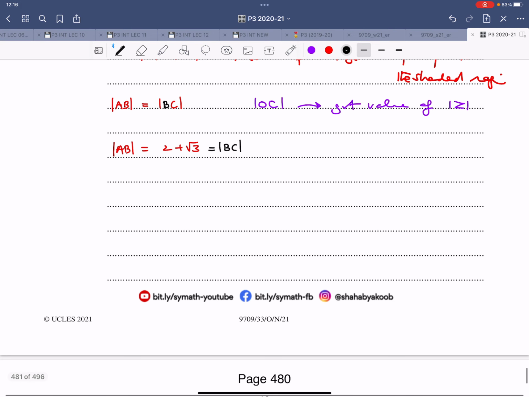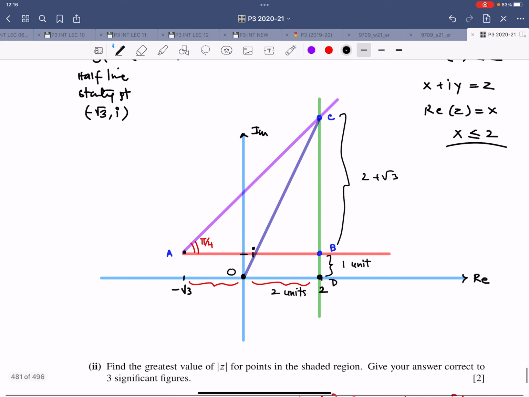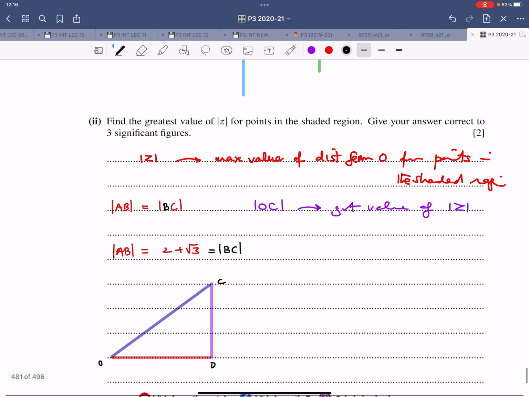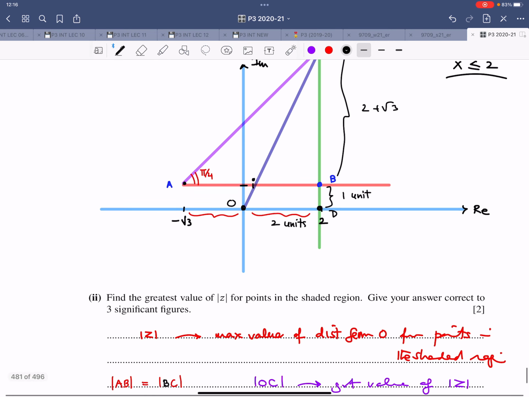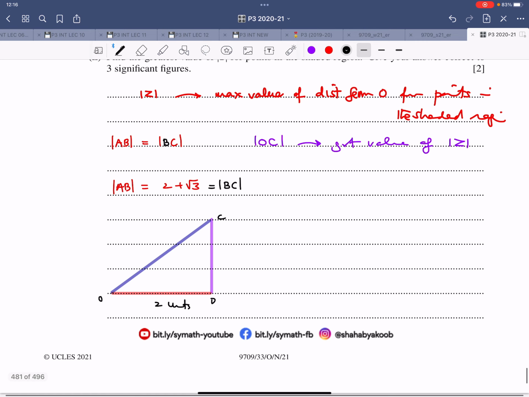Now a new triangle is there. This is O, this is D, this is C. OD is 2 units. DC is 2 plus root 3 plus 1, which is 3 plus root 3.